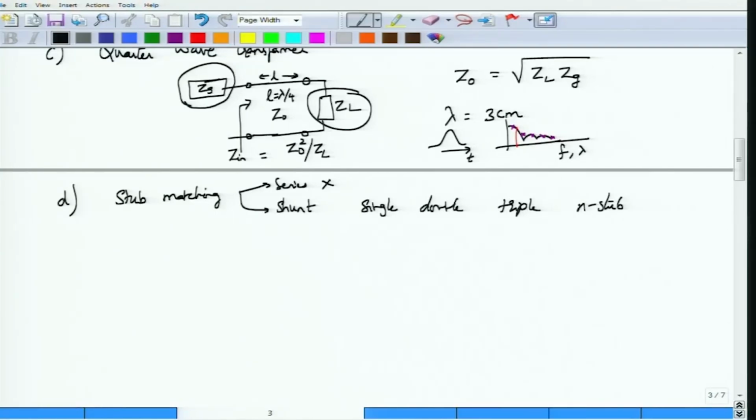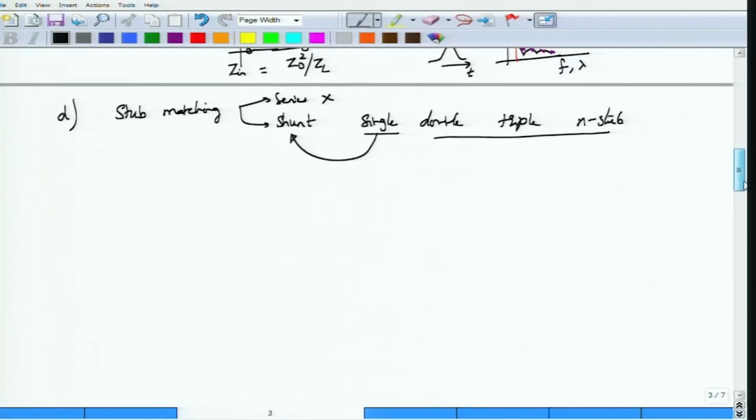The formulas and the procedures for this double, triple and n stub are quite complicated and not particularly suited at this level. So we will not look at double stub matching, we will only look at single stub matching, and we will look at stub matching in the shunt method. That is to say, we connect the single stub in parallel to the main transmission line.